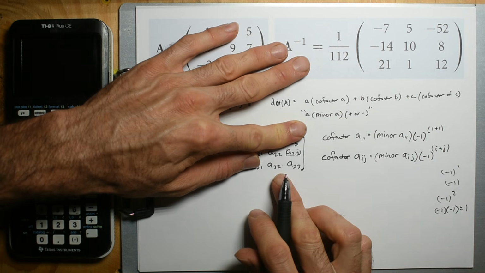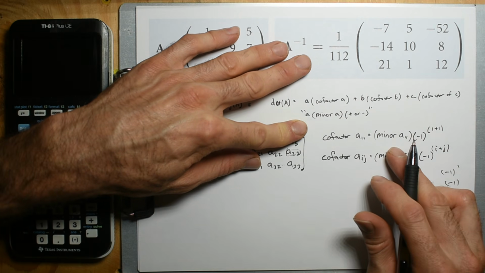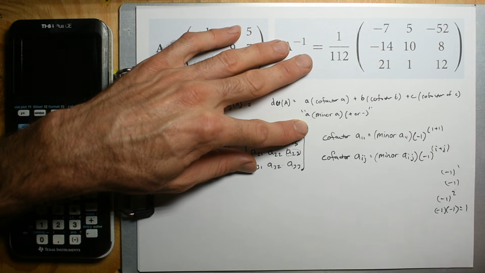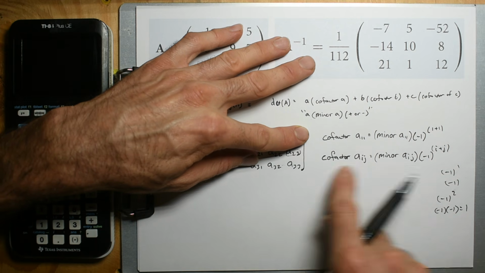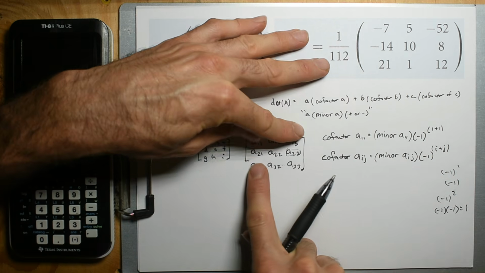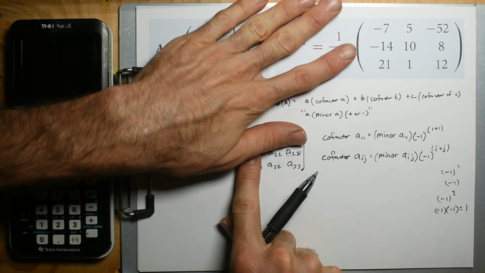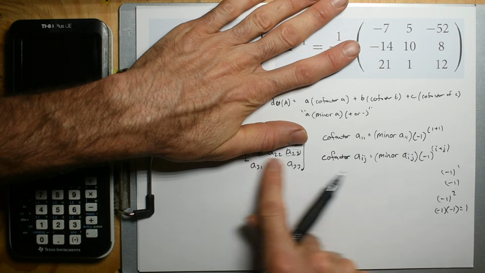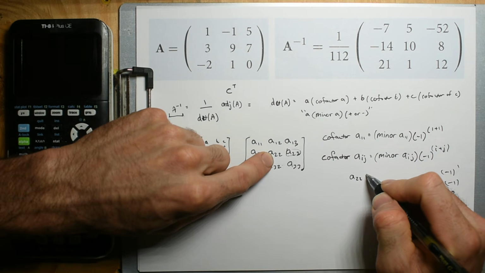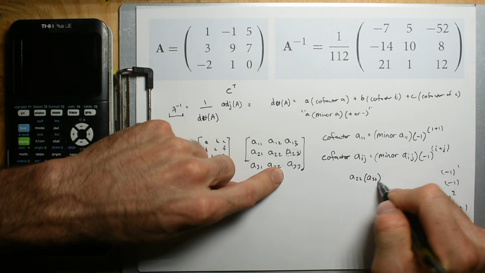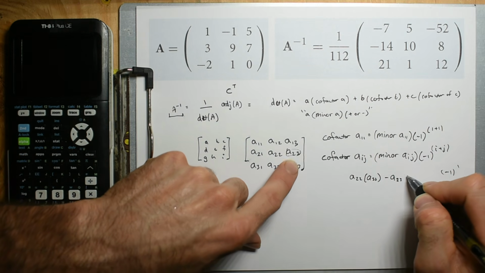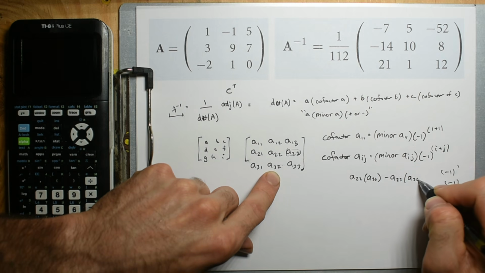I don't know how you would actually write that with i's and j's, I think you just have to say what it is. So the minor of A11 is going to be A22 multiplied by A33, and then subtract A23 multiplied by A32.